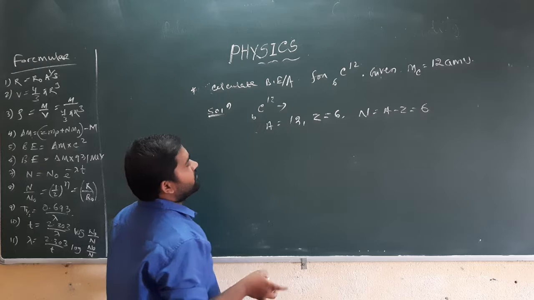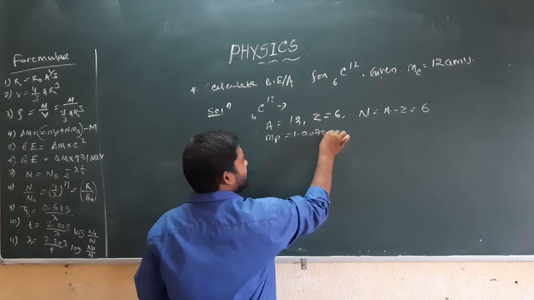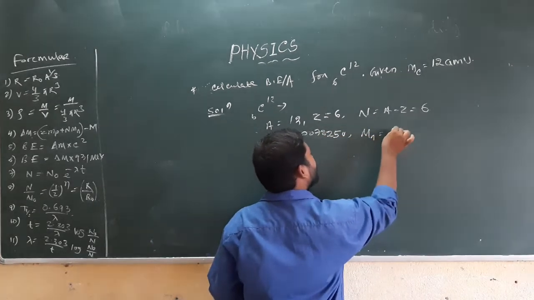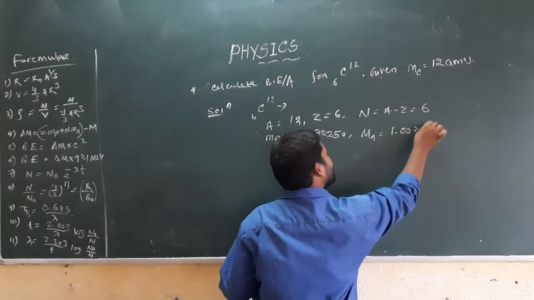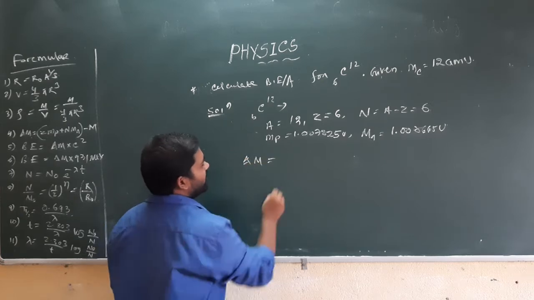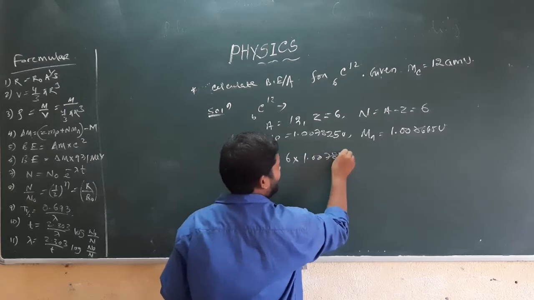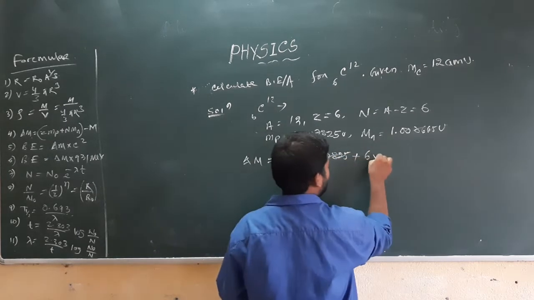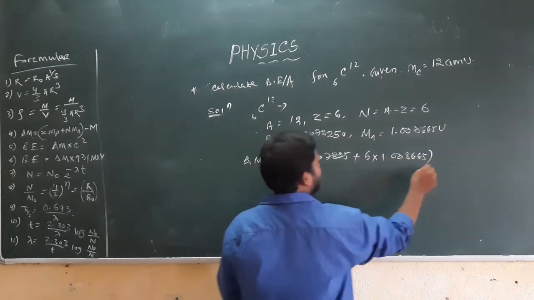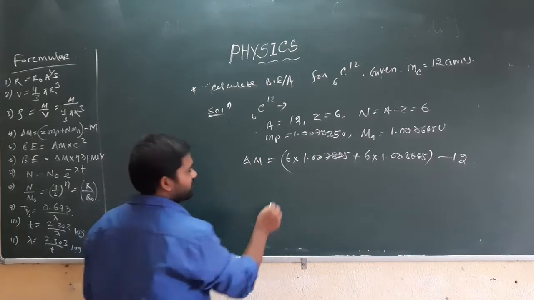We know the mass of proton is 1.007825 atomic mass unit, and the mass of neutron is 1.008665. So the mass defect will be 6 into 1.007825 plus 6 into 1.008665 minus 12.